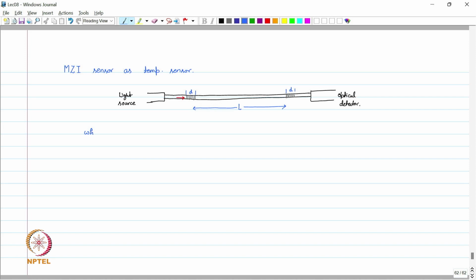So when a part of the cladding mode is recoupled to the core mode, the interference fringes are formed.